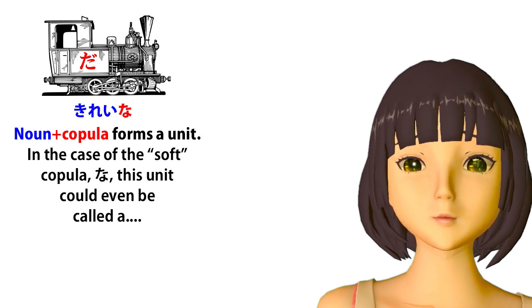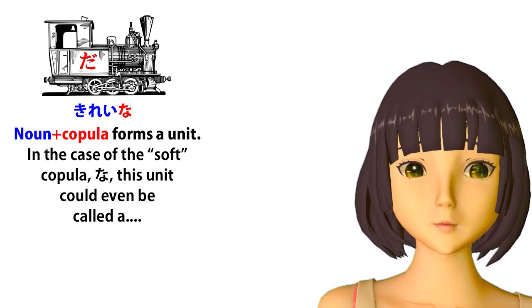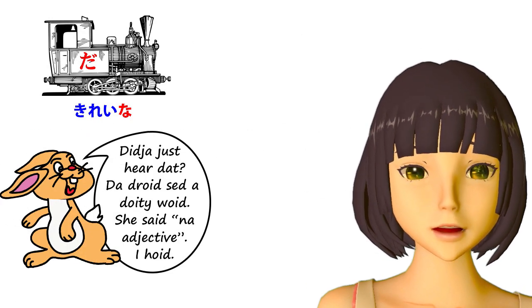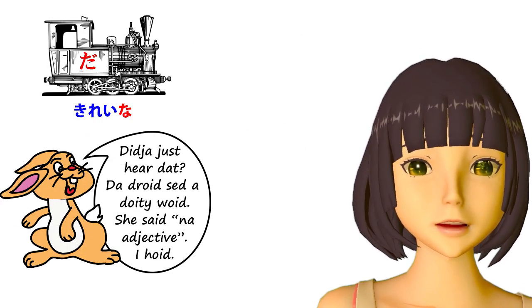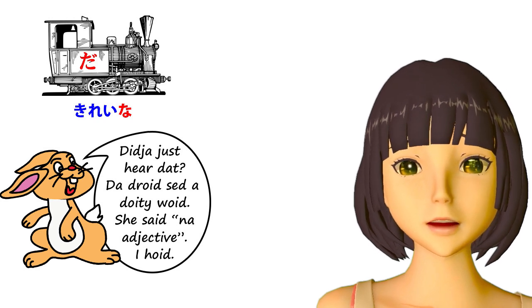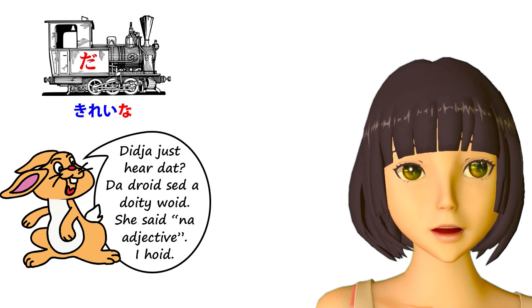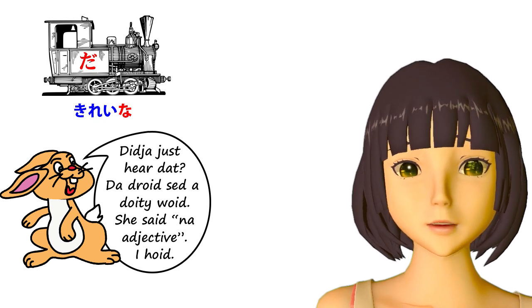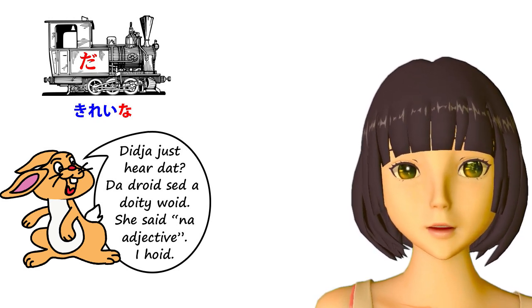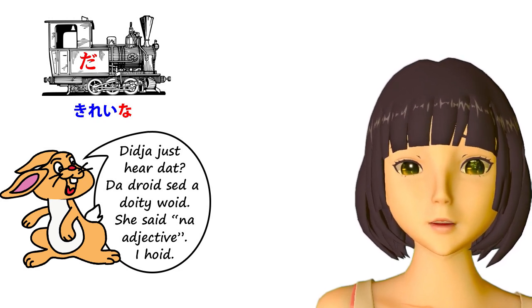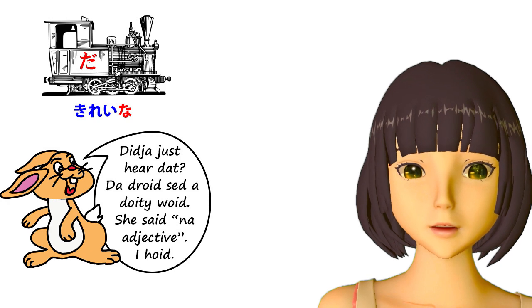And actually, that unit could be called a na adjective, because kirei plus na or da becomes an adjectival unit. So, although I very much object to the term na-adjective in the way it's used by Western textbooks, which is to say they will tell you that kirei is a na-adjective, and it's not, it's a noun, it's not any kind of an adjective.